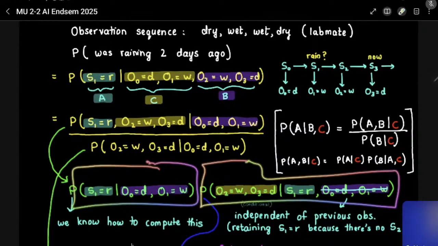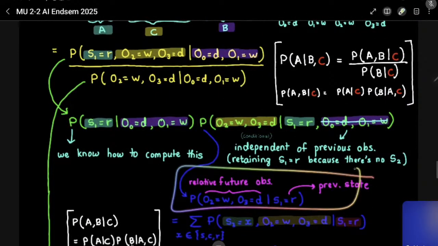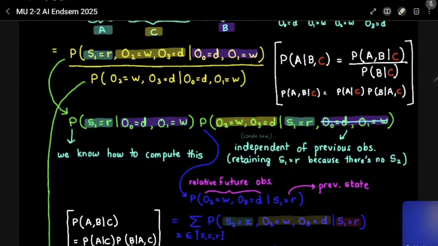If you have something like the probability of the relative future observations given the past hidden state that we are talking about, if you remember this, probability of relative future observations given a past state. So future means future of that previous state, not our future, but the future of the previous state. So probabilities of this form is the backward message.